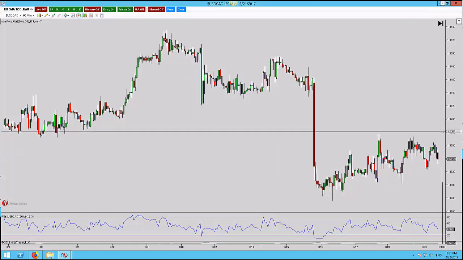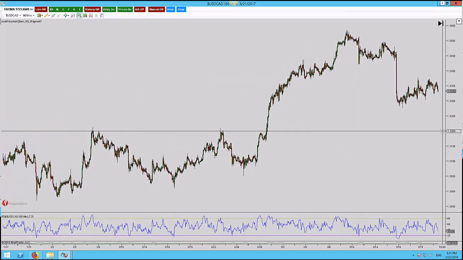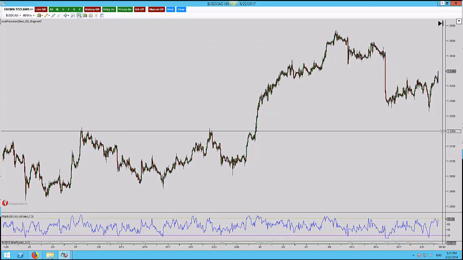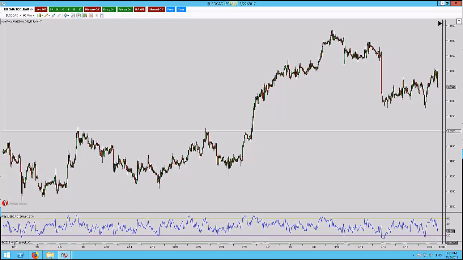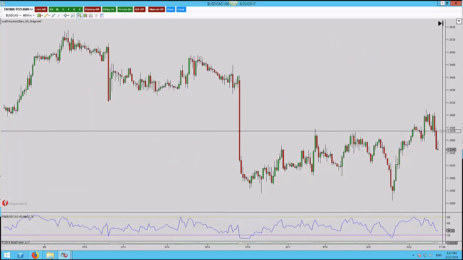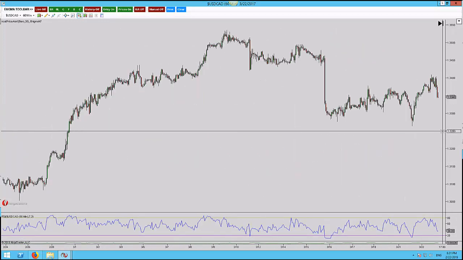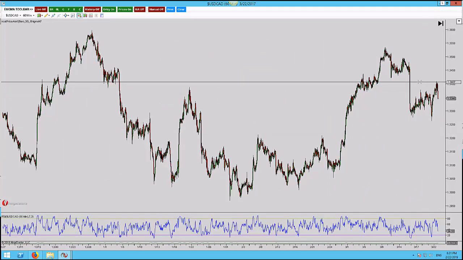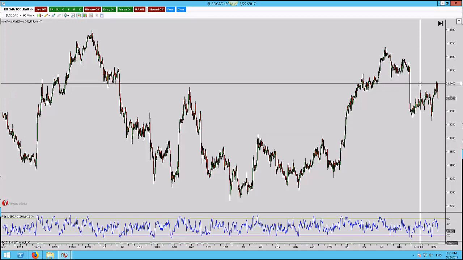No, looking at a flag pattern there, but it's not valid for me. Let's move on. Okay, we do have a potential head and shoulders here as it comes in at structure.